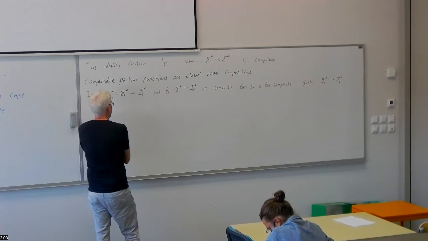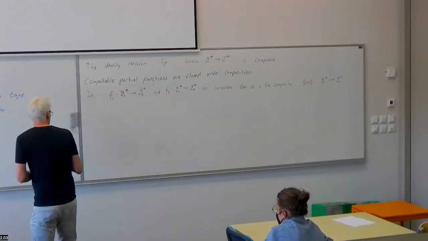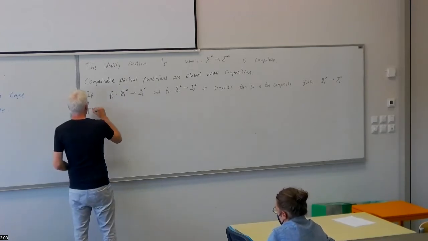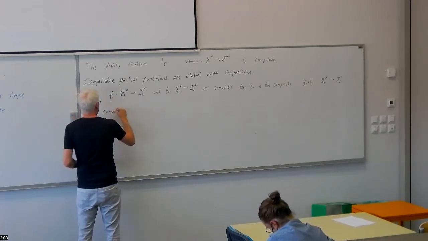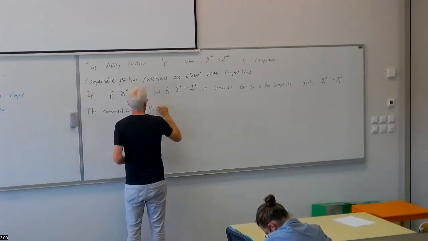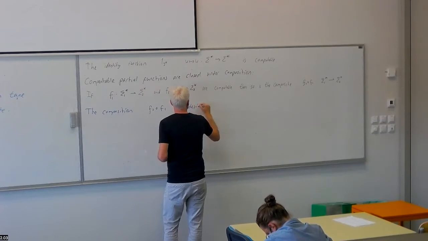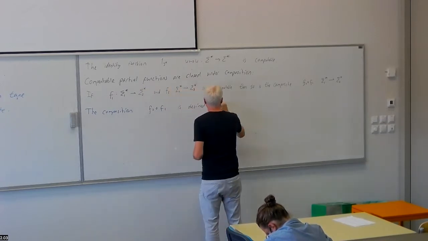But how do we compose two partial functions? So let's write that in a different color. The composition f2 composed with f1 is defined as follows.